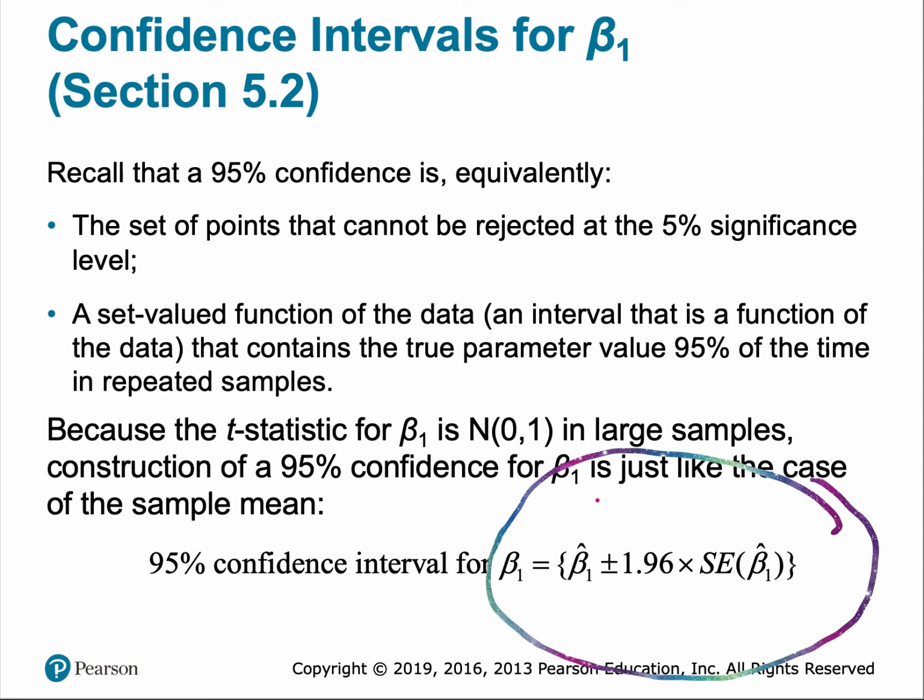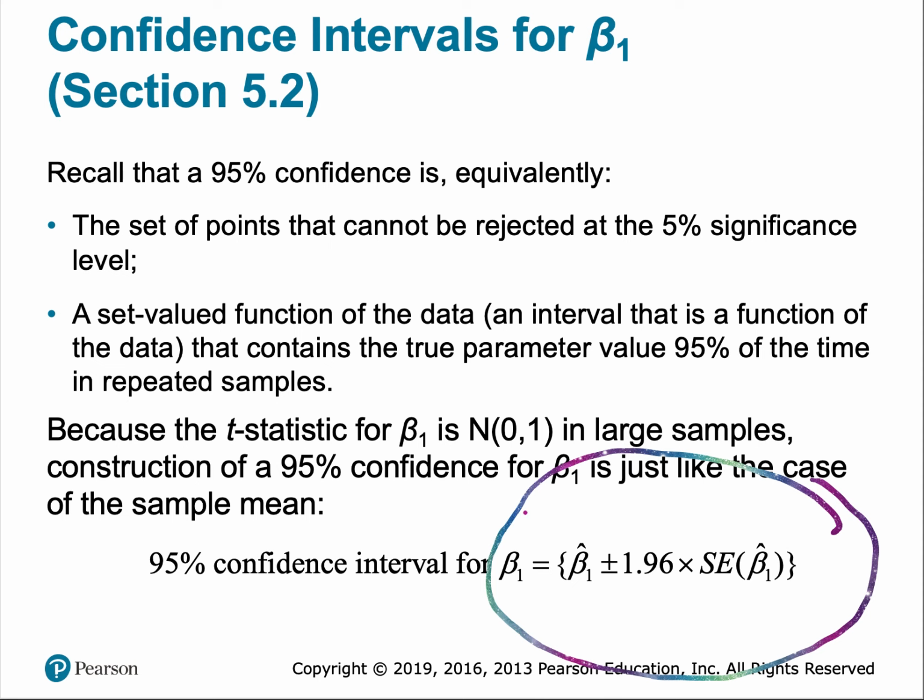And we're saying that we believe that the true value of beta 1 lies within this range of data. We are also saying equivalently that the t statistic will reject a hypothesized value whenever the null hypothesized value is outside this range of data.